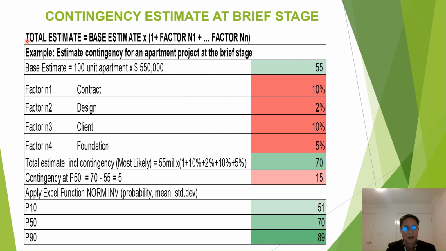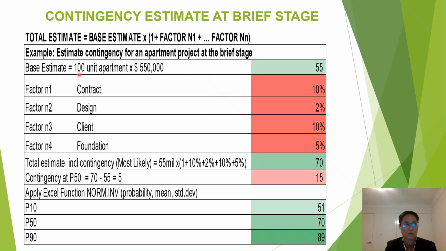is to apply the formula: total estimate is equal to base estimate times 1 plus factor N1 for contingency N1, plus factor NN for contingency NN. For example, we will estimate contingency for an apartment project at the brief stage.